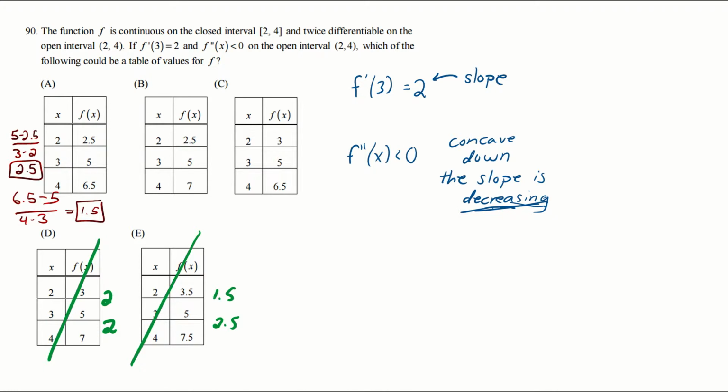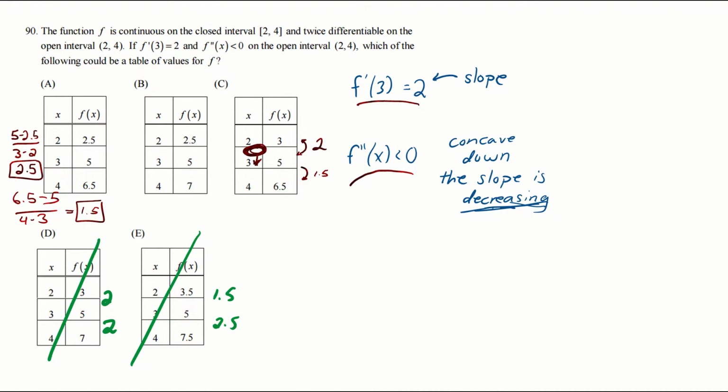Now, the next thing we want to look at is the combination of the fact that at 3, the slope is 2, yet it still must be decreasing as we go through x equals 3. When we take a look at C right here, notice how the slope between 2 and 3 is already at 2. And then after 3, it goes down to 1.5. Well, that means if the slope somewhere between 2 and 3 is already at 2, when I get to 3 it has to be decreasing.